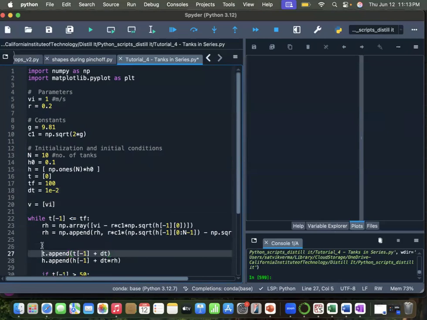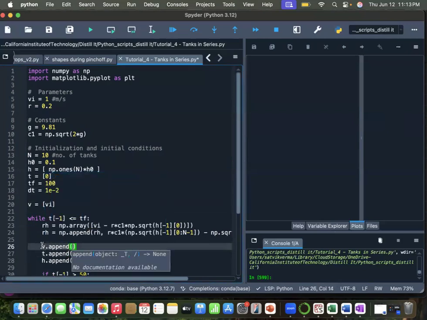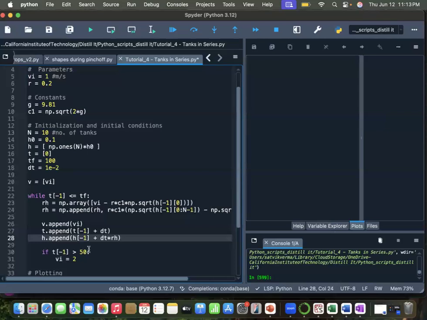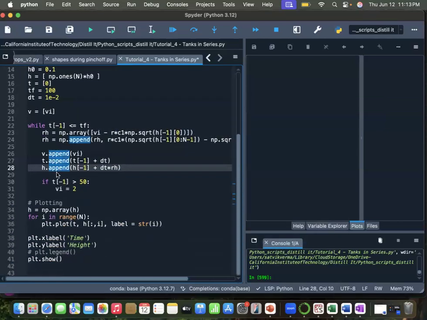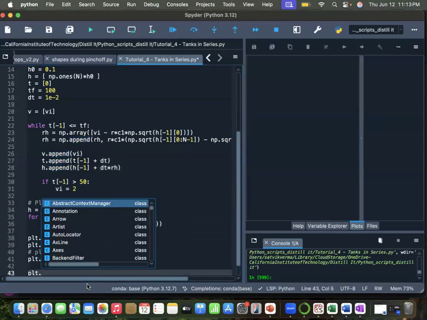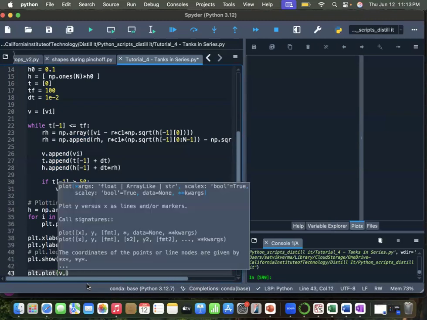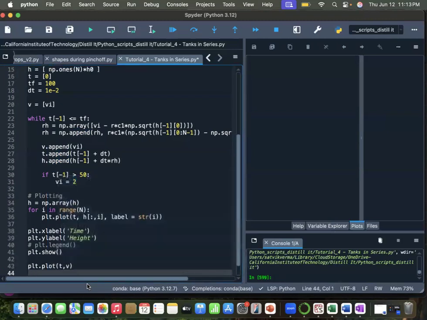In every iteration, I append my vi to my v array. And after that, I'll just plot T versus V plot and see what happens, right?